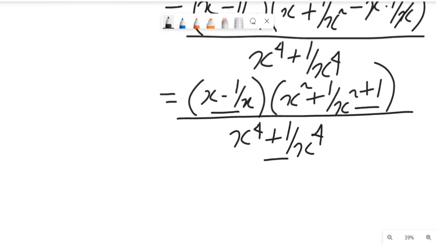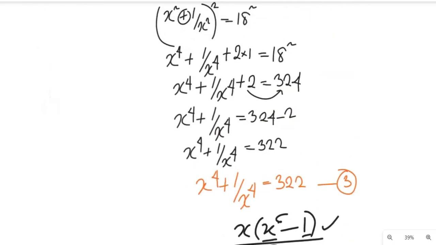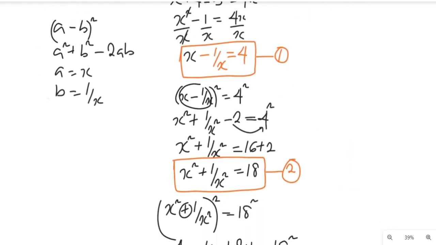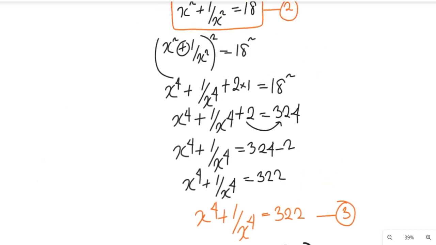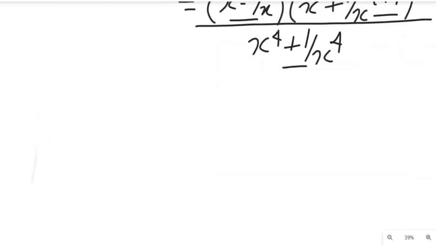If we substitute, this is 4, this is 16 from our expression. x to the power of 2 is 4, the other one is 18, and 322. So let's substitute them into the expression.